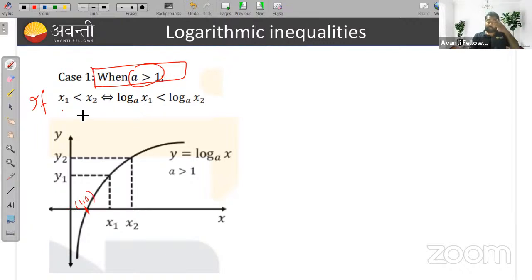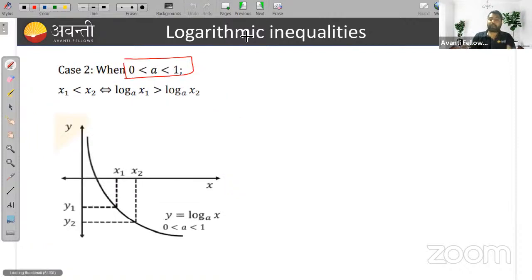Remember, when x1 is less than x2 and the base of the logarithm is greater than 1, if you are taking log on both sides, then the sign will be same. Okay, in the other case, what is happening? If the base is lying between 0 and 1, okay, suppose we can take an example. Suppose a is 0.5 and you have x1 is less than x2.